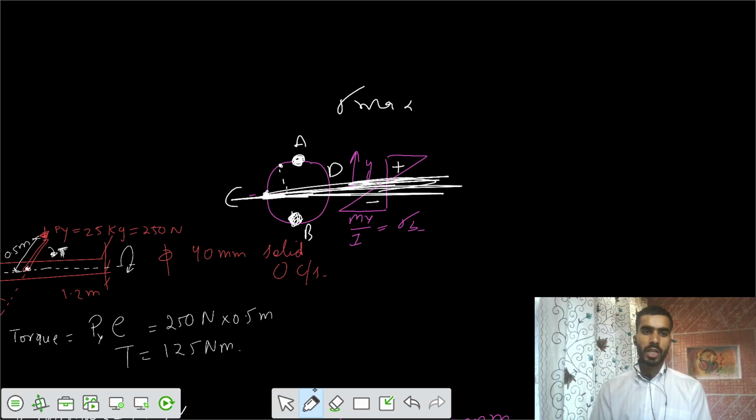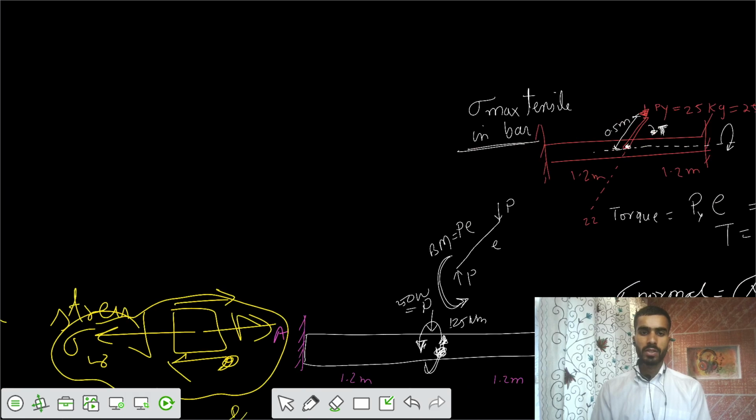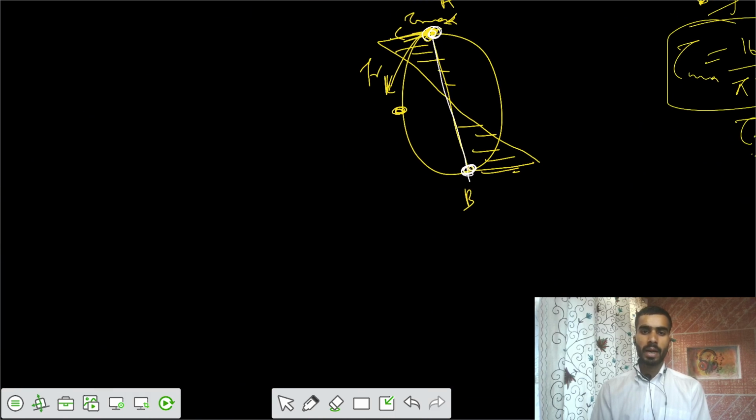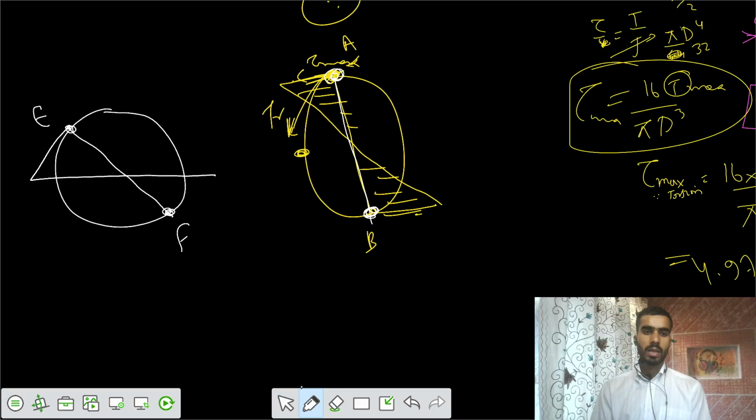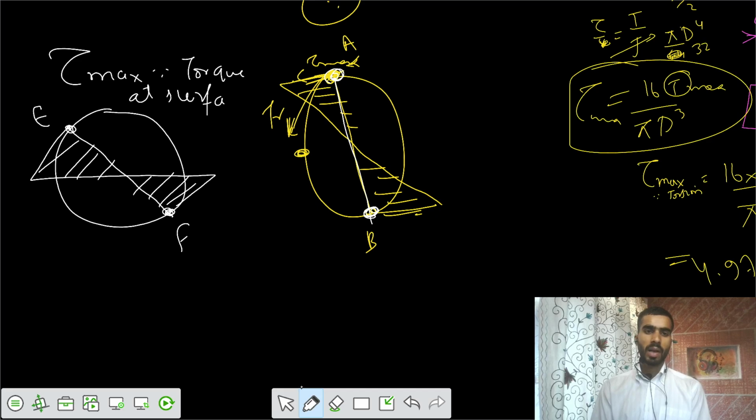But from the shear stress variation, it is maximum on the surface. If you take any section, this point and this point, this is EF, there are also maximum shear stresses. That means tau maximum because of torque or torsion is maximum at the surface.